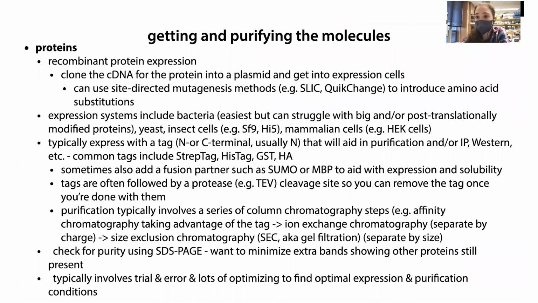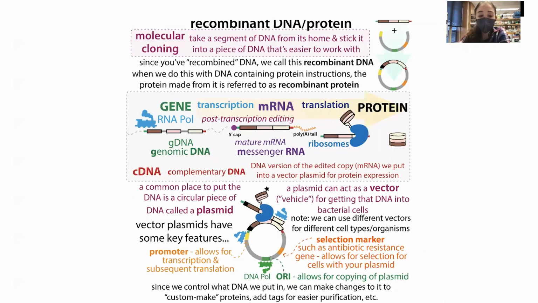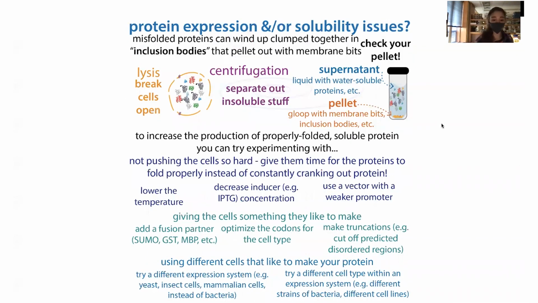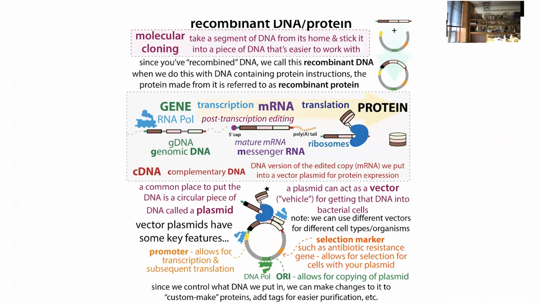When it comes to the proteins, this is going to be more complicated. We're going to typically do some sort of recombinant protein expression. When we're talking about recombinant, basically we're recombining the genetic instructions for the protein we want with another piece of DNA, the backbone, that's going to serve as a vector or a vehicle for getting that into cells to express it.